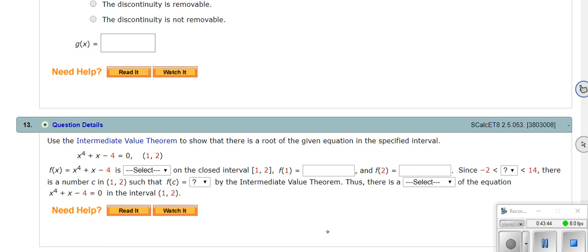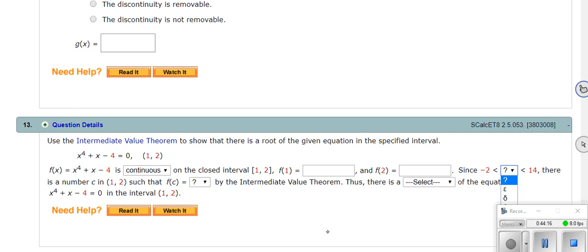So we know that this would be continuous on the closed interval 1, 2. f of 1 equals plug in whatever that is. You can poke it in your calculator. And f of 2 equals plug in whatever that is. They kind of give you the answers there. Since negative 2 is less than 14, I'll let you guys fill that in.